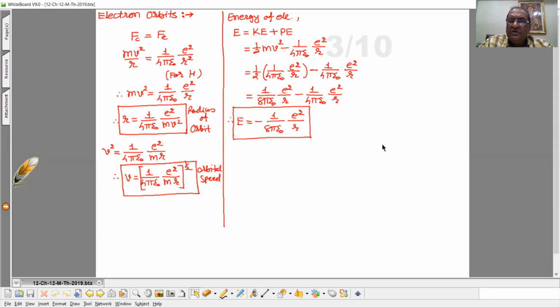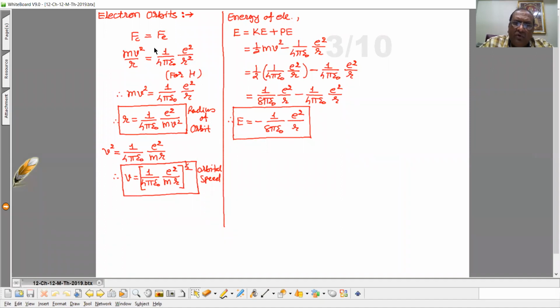Okay. So here we can write the Coulombian force between proton and electron as 1 upon 4 pi epsilon 0 e square upon r square, where r is the radius of the orbit of the electron, meaning the distance between proton and electron.